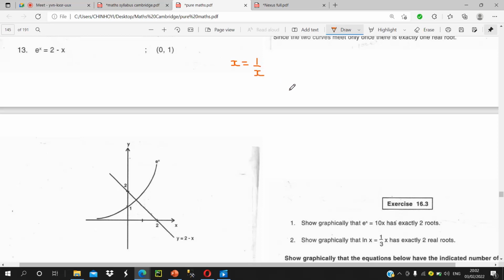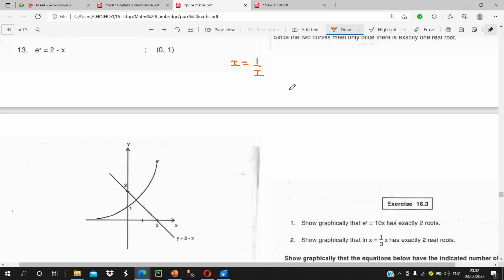Show graphically that the equation x equals 1 over x has two real roots. Right?